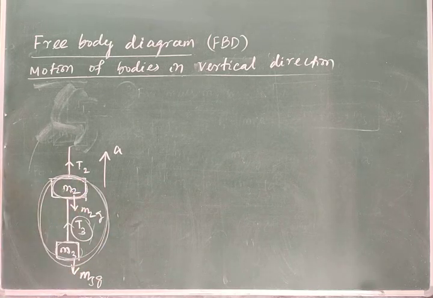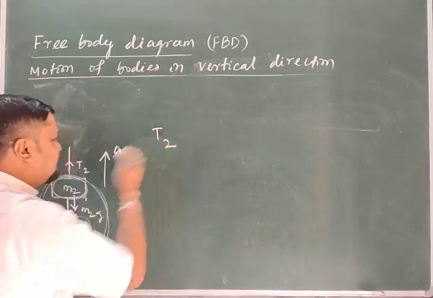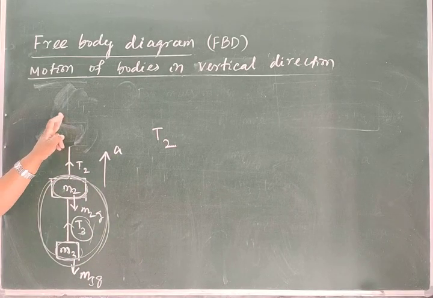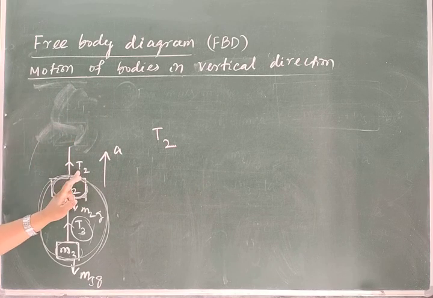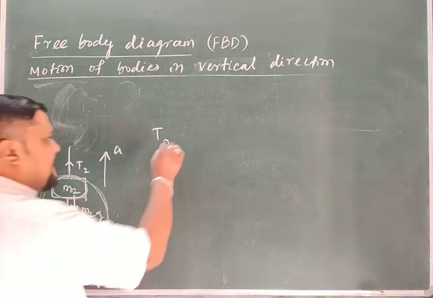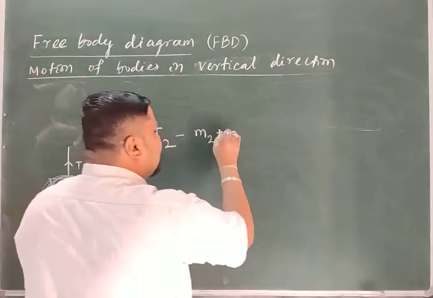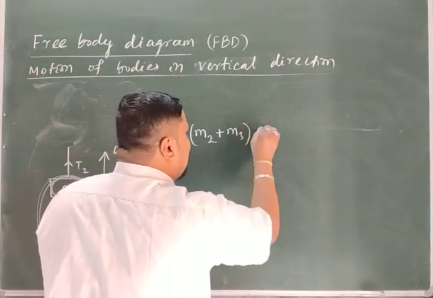So the next is the T2 is the force in upward direction. So the acceleration is upward. So T2 minus M2 plus M3 into G, the total weight in downward direction.